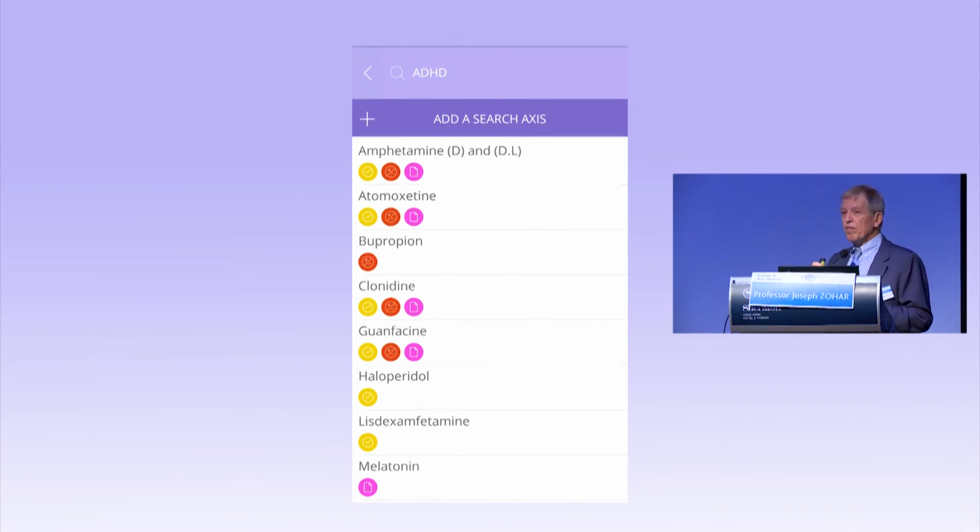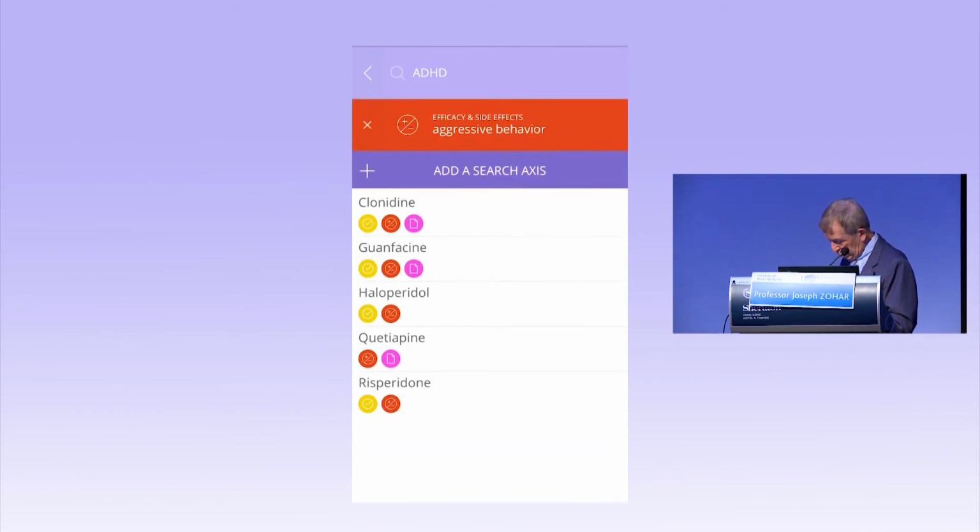Another complaint of the parents is aggressive behavior. So we again touch upon add search axis, efficacy and side effect, and we type aggressive behavior. So you get medication that works for ADHD and aggressive behavior.